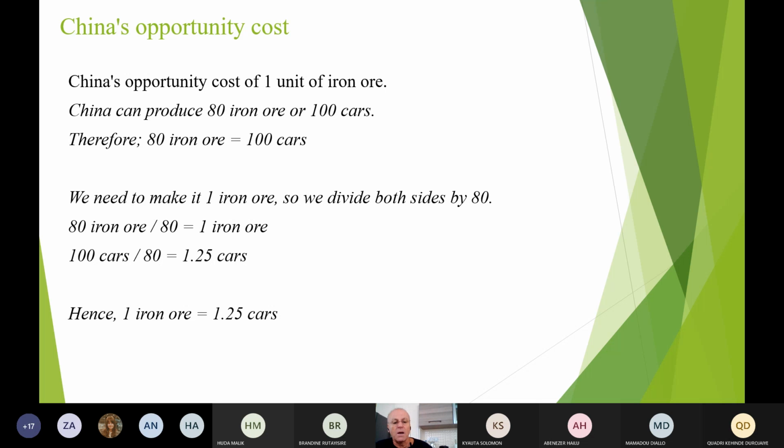Hence, 1 iron ore is supposed to be 1.25 cars, which means 1 iron ore is becoming more preferable because it is having some advantages, and of course cheaper in the production process. Or you may say you are going to produce cars, then you are going to determine depending on the other option where we are going to calculate.